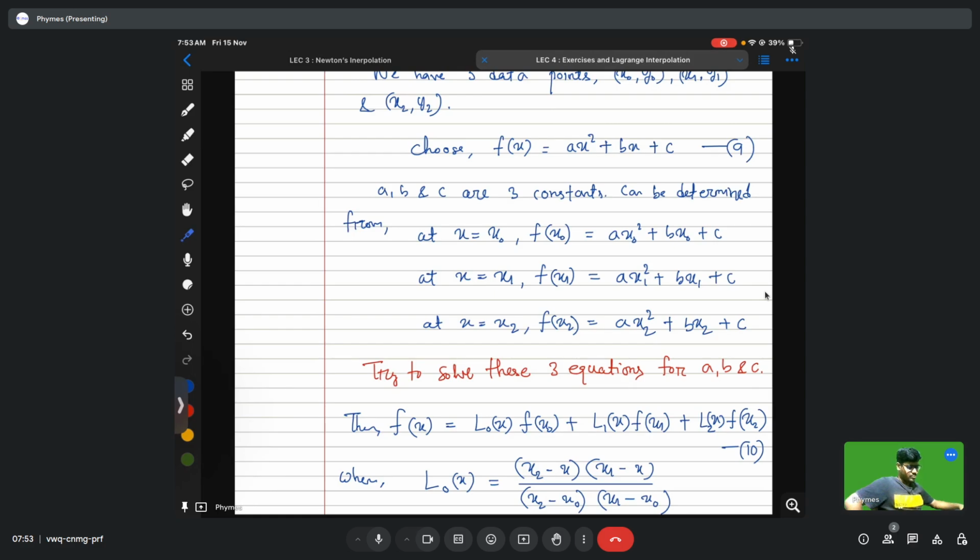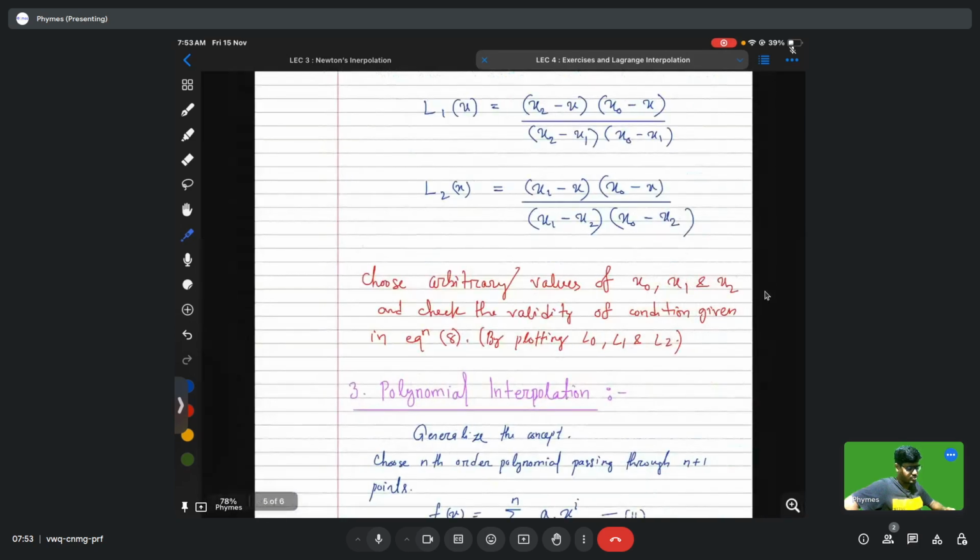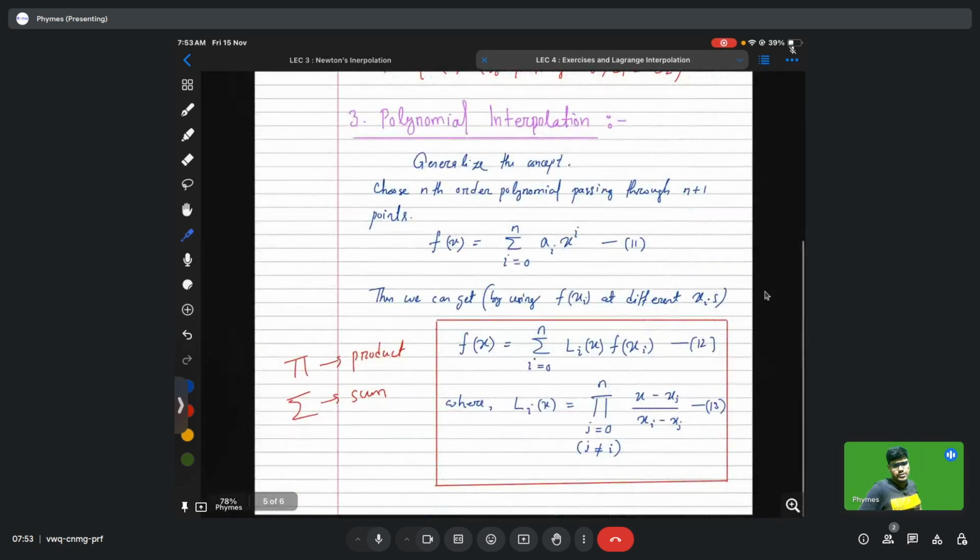Okay, so this is the function for the quadratic interpolation formula, and these are the polynomials. Similarly, we can generalize this concept. So choose an nth order polynomial passing through n plus 1 points.